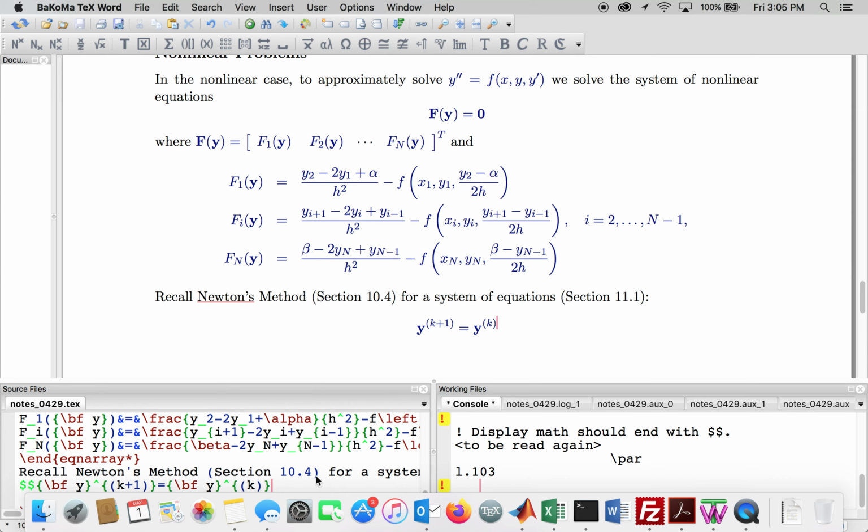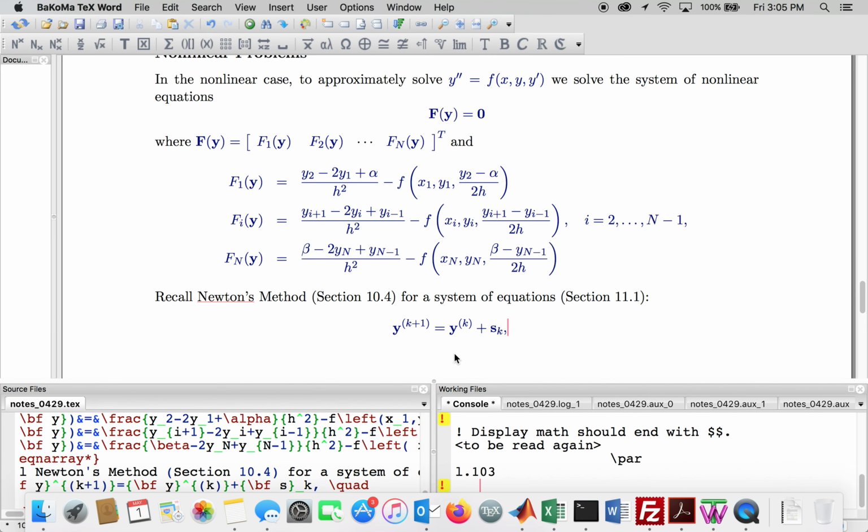But here we have a system of equations, so instead I'm going to indicate by sk whatever has to be added on to yk to get yk plus 1.